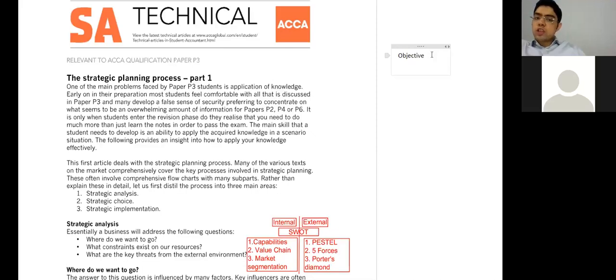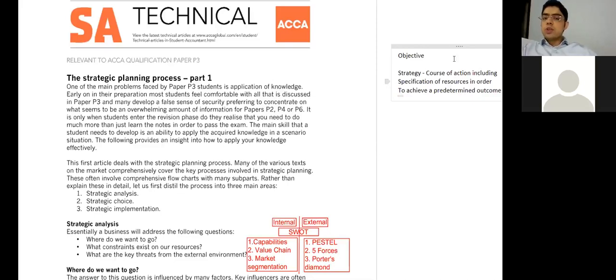Now, in order to achieve those objectives, what needs to be in place? There has to be some strategy. There has to be some course of action, including specification of resources in order to achieve a predetermined outcome.